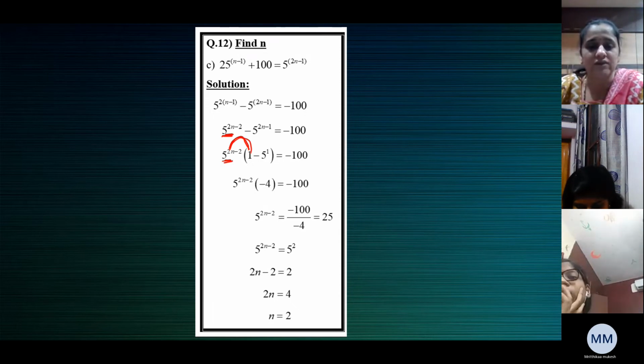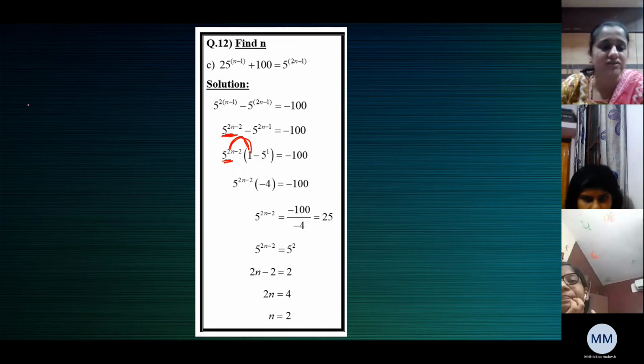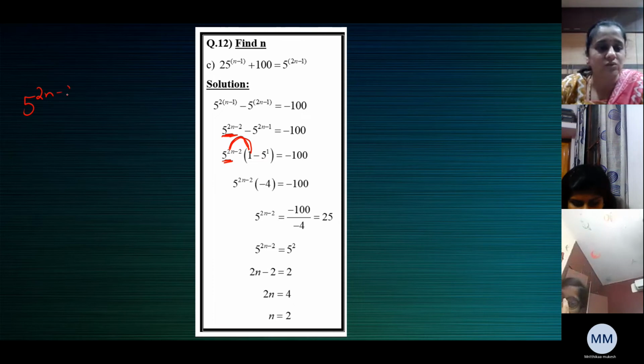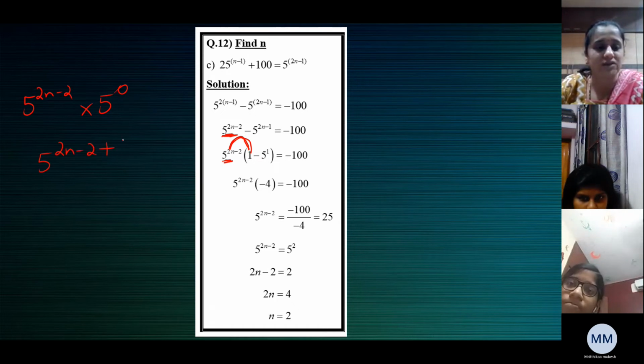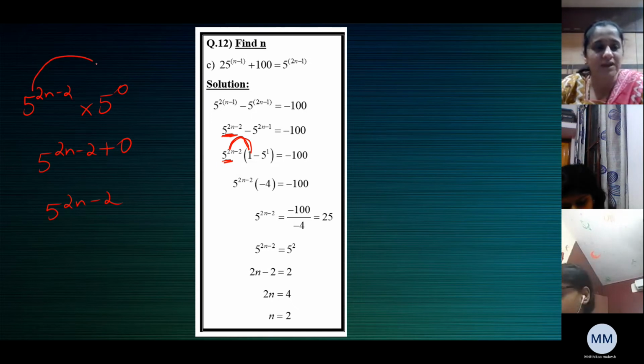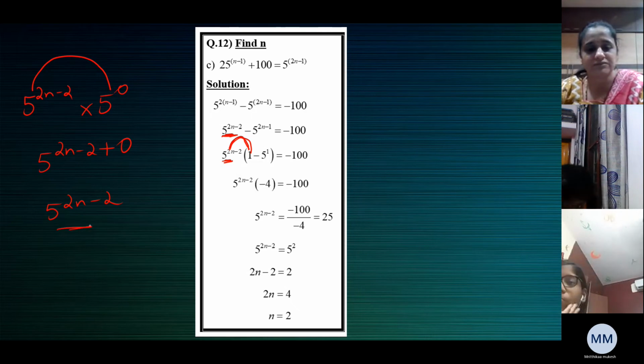So this into 1 will give you this. Instead of 1, you can also write 5 to the power 0 because 5 to the power 2n minus 2 into 5 to the power 0: bases are same, so we need to add the powers. So 5 to the power 2n minus 2 plus 0, which is 5 to the power 2n minus 2. So this one multiplied by 5 to the power 0 will give you the same thing.